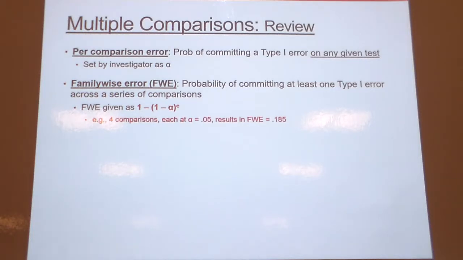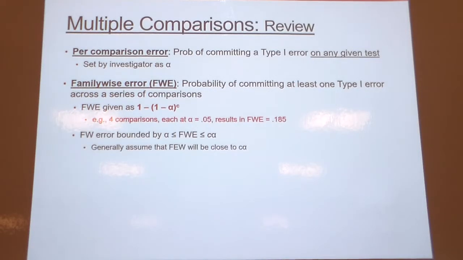Assuming all 4 of my effects are actually null, I have close to a 20% chance of saying that at least one of them is statistically significant when it's not in the population. So this starts to accumulate quite quickly.